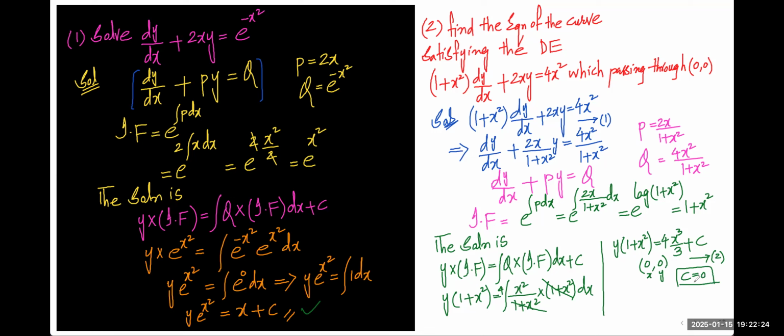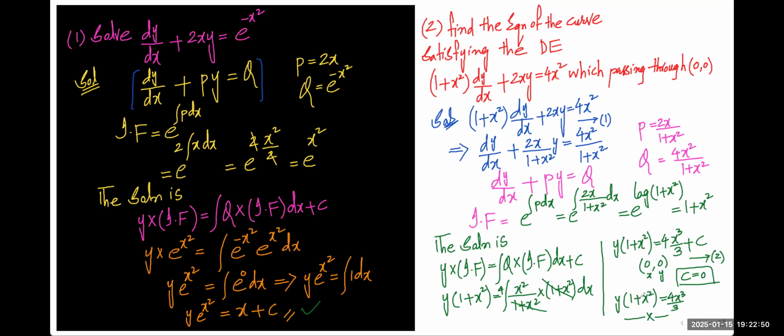If c value is 0, the equation number 2 becomes y into 1 plus x square is equal to 4x cubed by 3 is the answer. Because when the point is given, we have to eliminate that constant also. You're getting the idea?